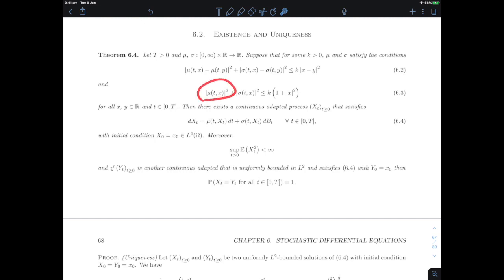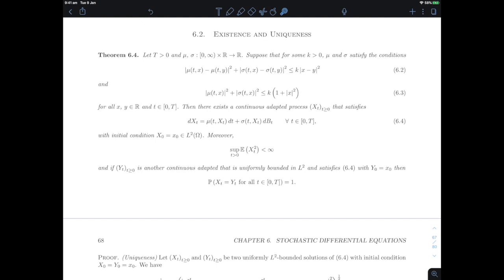So we want mu(t,x) squared to not grow faster than x squared, and same thing for sigma(t,x) squared. So these are our assumptions: Lipschitz regularity and at most linear growth of both functions, mu and sigma, and we want that to happen uniformly in the time t variable.